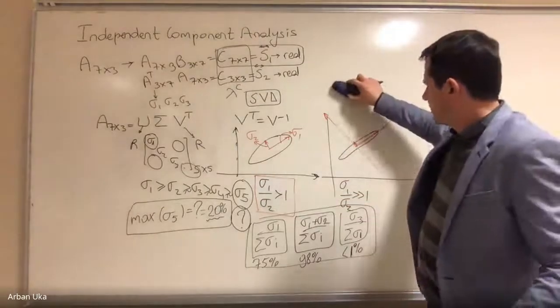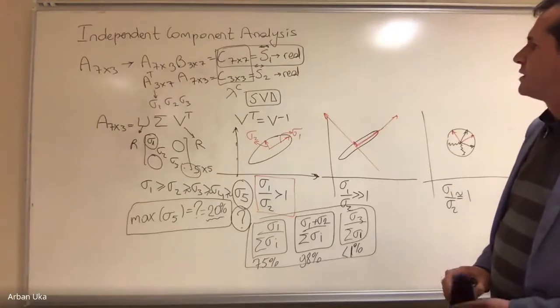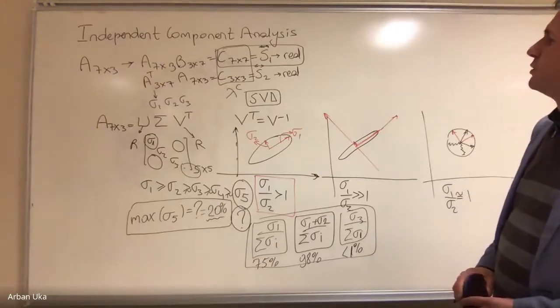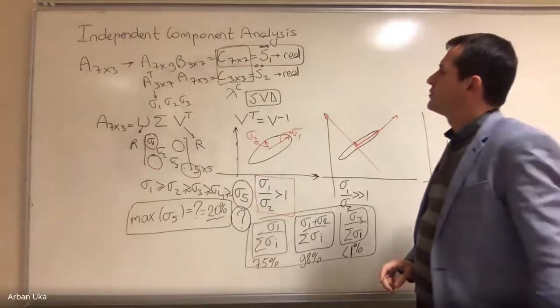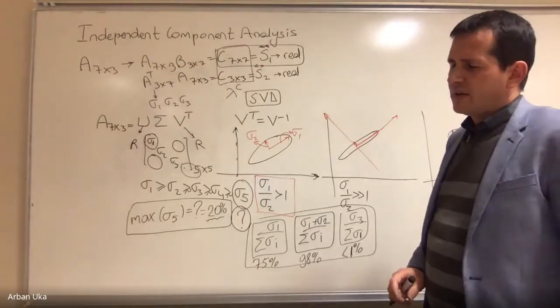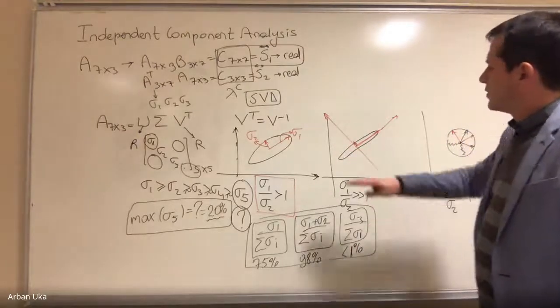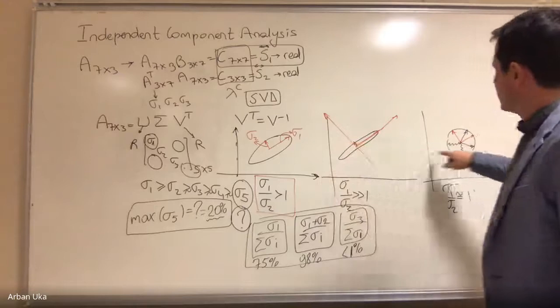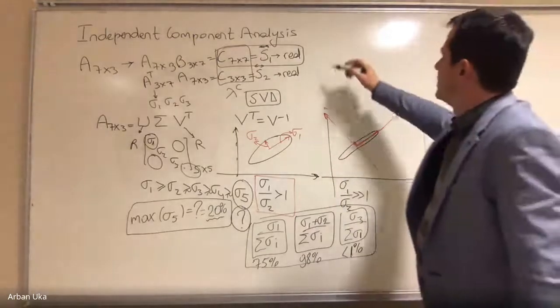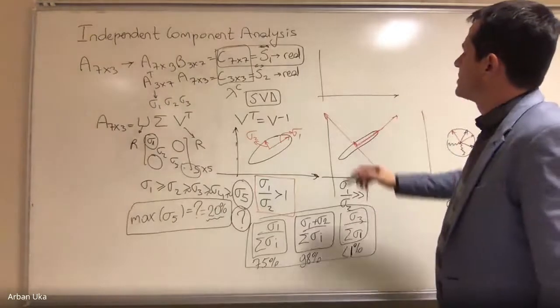Now, regarding independent component analysis, this technique is trying to separate two different data sets from each other. Similar to the diagrams that we have here, let's say we're talking about separating two different signals.